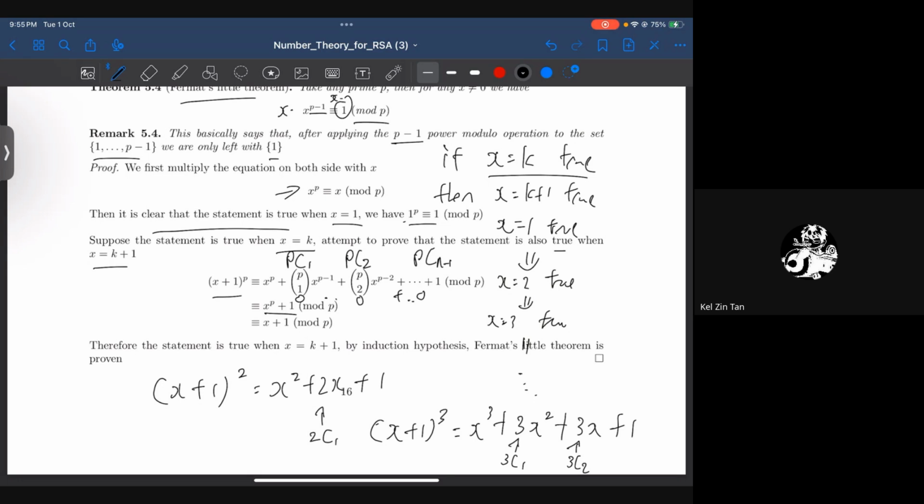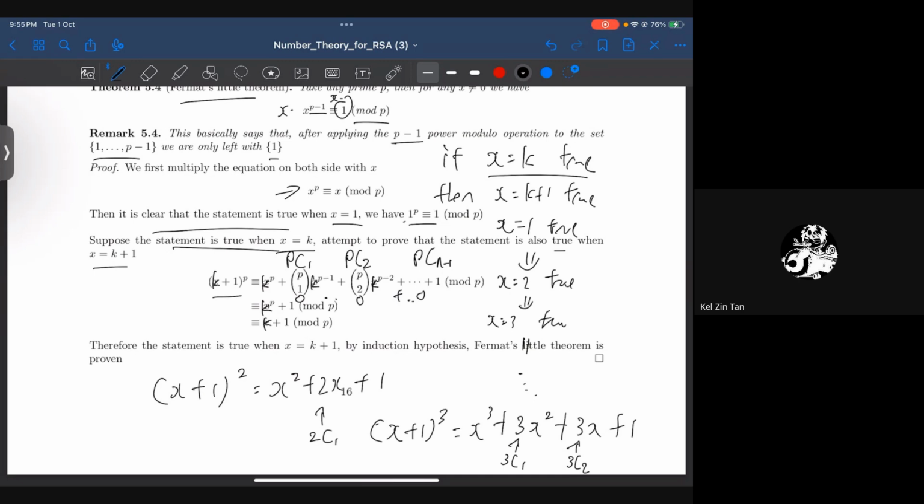And then because we suppose that the statement is true when x is equal to k, so x to the power of p, this is the previous case. Okay, actually this should be k plus 1. Sorry, I think I messed up here. Everything here should be k.